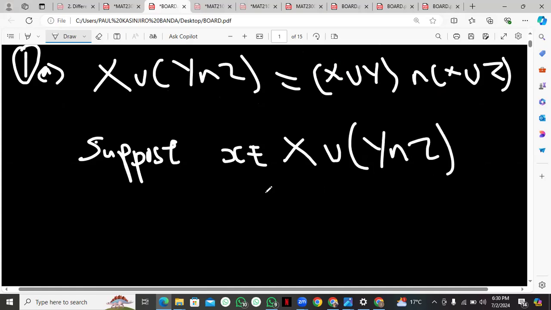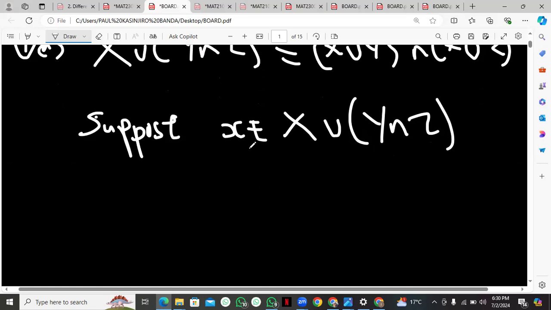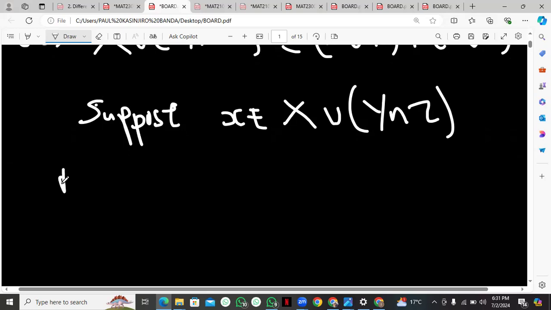okay? Then by definition, okay, we know that this X here will be a member of this set X, and it will also be a member of Y intersection Z, okay? So you can say by definition, we know that X will be a member of this set X, and then this union in words, we say it is or.